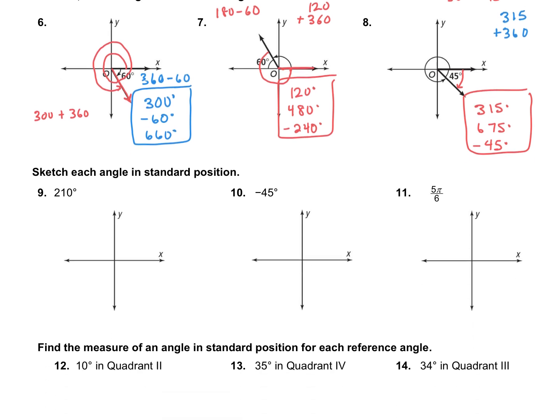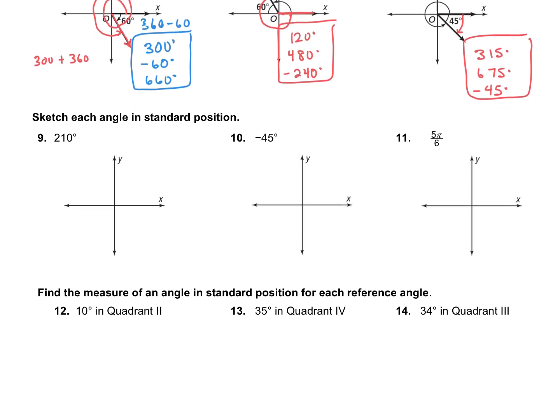All right, 9, 10, and 11 is just working on sketching the angles. So just getting practice with how these look. So when we sketch an angle, let's remember we have our initial side. It's always the positive side of the x-axis. 210 degrees is going to go up like this, and we're going to go around till we hit 210.